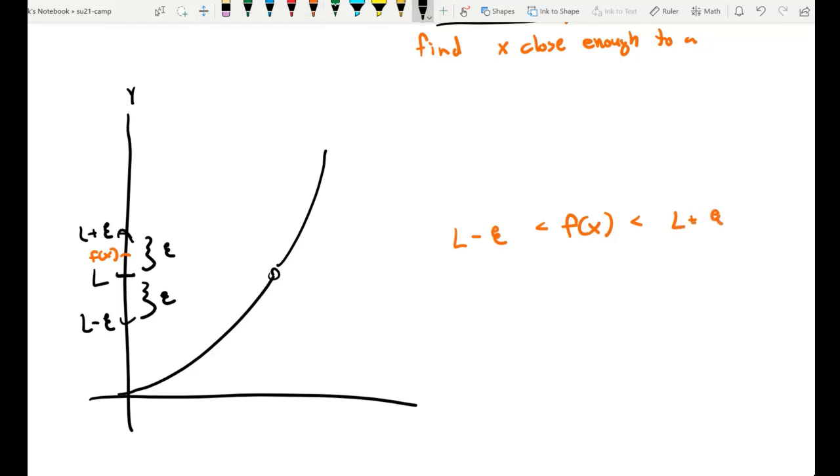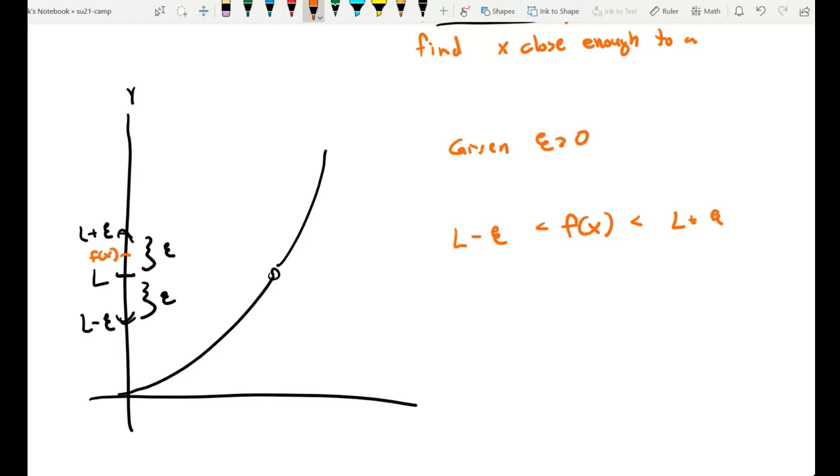Between these two endpoints, f of x has to be in that interval. And epsilon could be any distance we want, given any positive quantity.